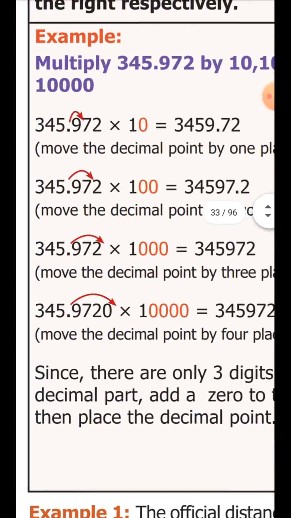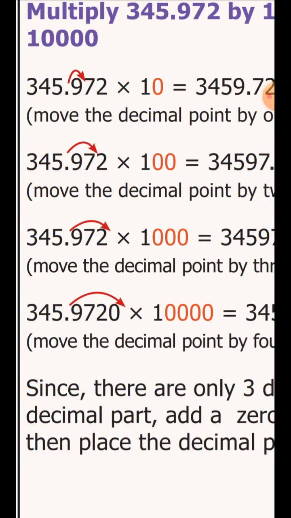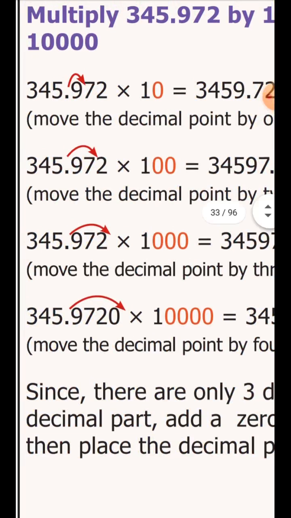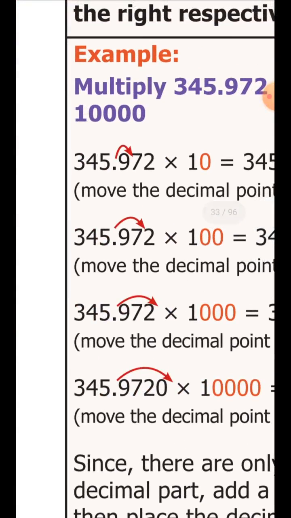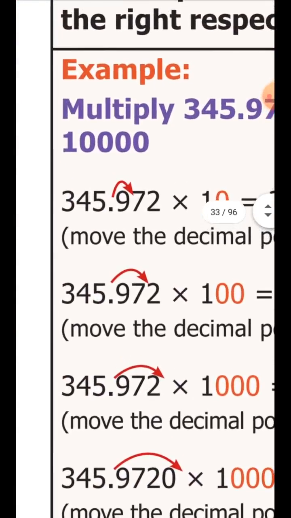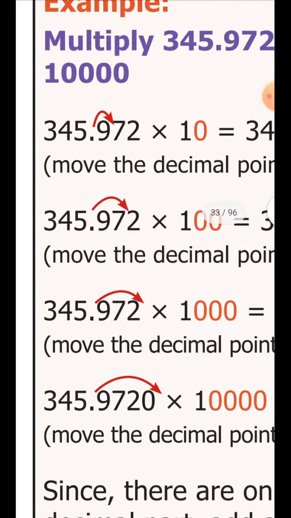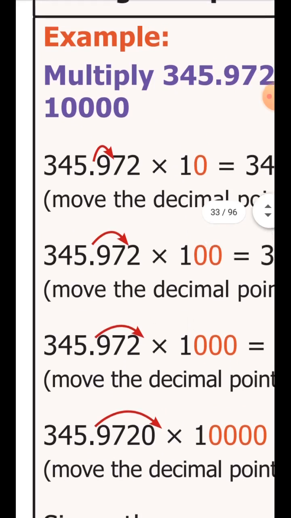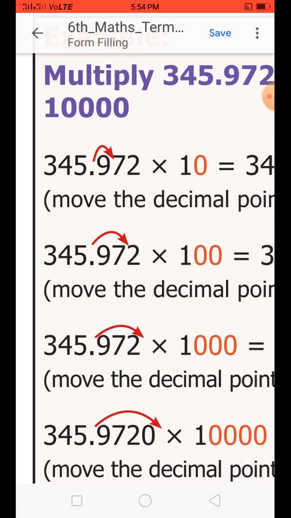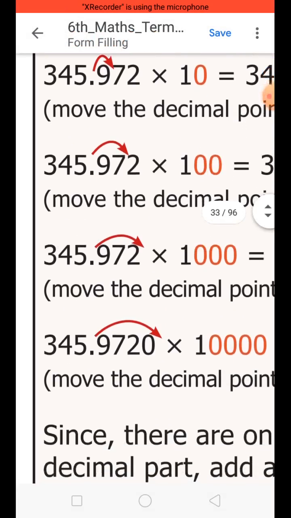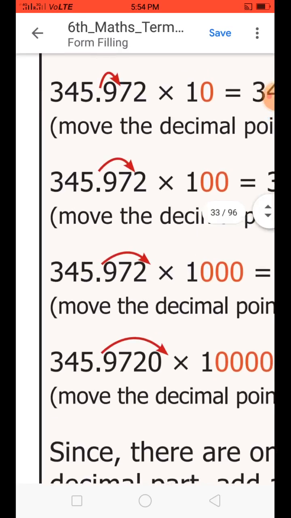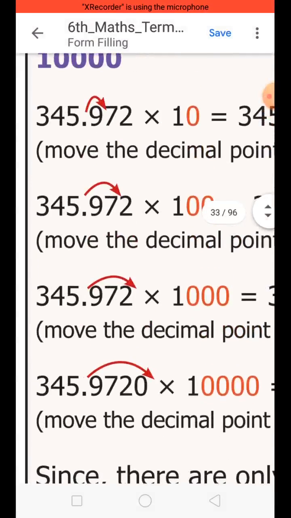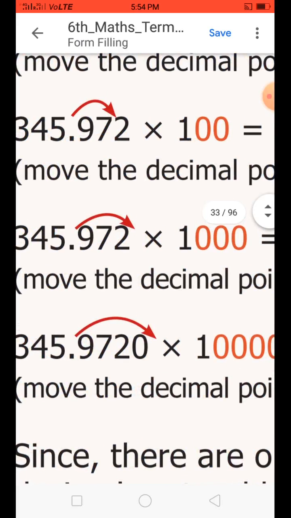If you multiply by 10,000, how many zeros are there? Four zeros. So for 345.972 multiplied by 10,000, we move the dot four places. There are only three digits after the dot, so we need one zero.